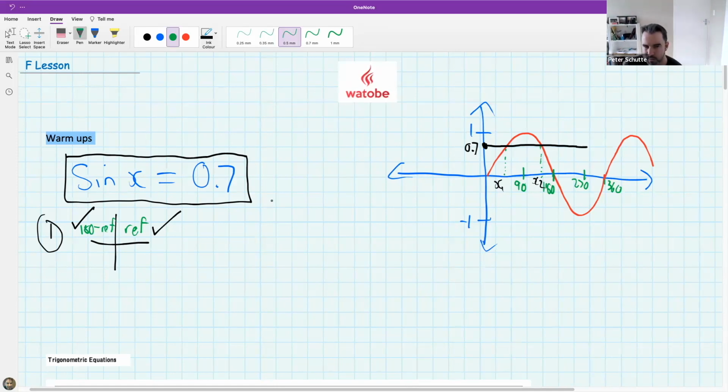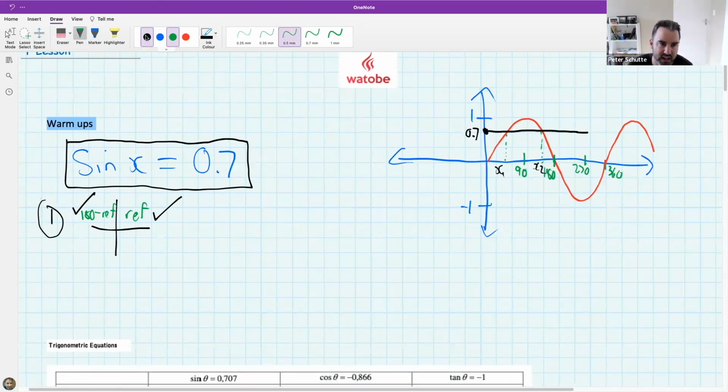Now, for now, that might seem a bit strange, but just think back to our lessons on the CAST diagram, how it's like everything in the different quadrants. Sometimes I think I said x, 180 minus x, 180 plus x. So I'm just using this idea, except instead of writing x, I'm writing ref for reference angle. Now, let's go and find what that reference angle is.